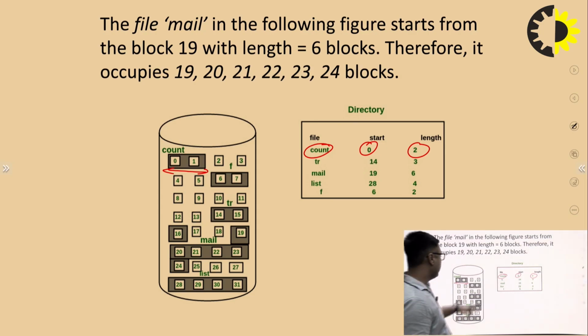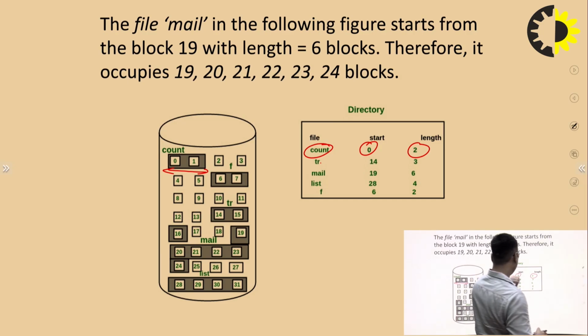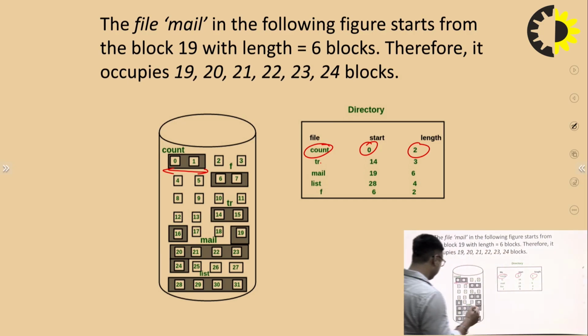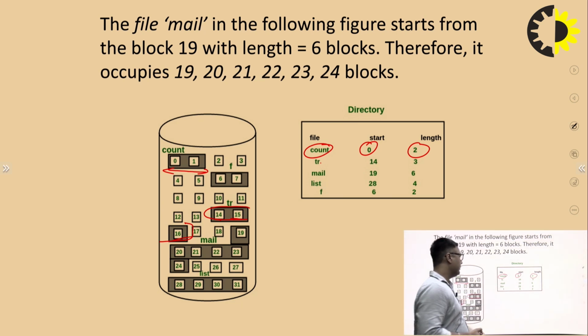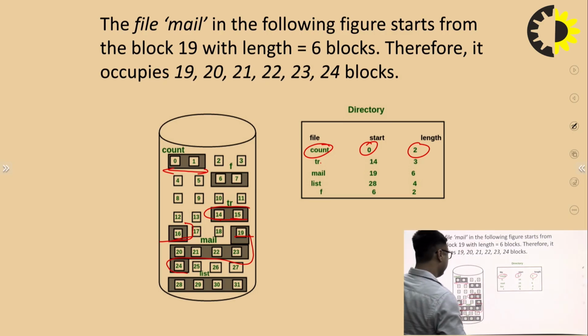Next, TR. TR starting point is 14, and the file size is 3. So 3 locations we have to cover continuously. Another is mail. Mail starting value is 19, and size is 6. Then you have to cover 6 positions continuously, and another is 28 and size is 4.